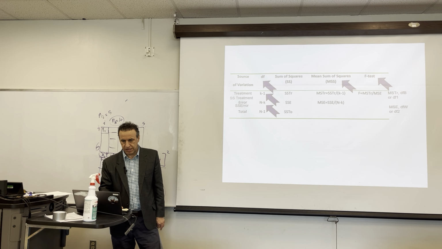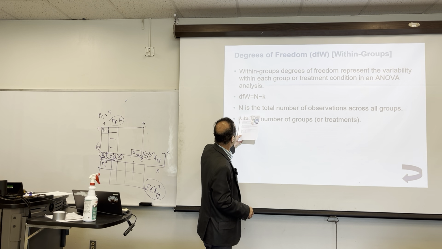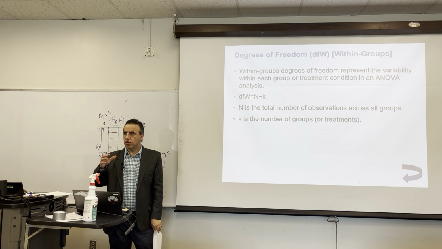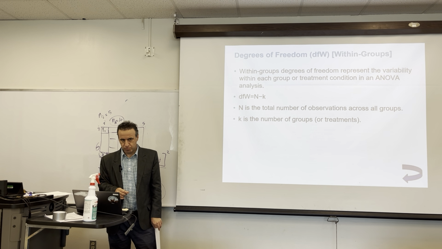What is n? It is the total number of observations. Here you have, let's say, 25, right? Then what was the number of groups? Whatever it is, 3. So you subtract k from this n. Let's say this is 3 machines, 25 observations. So that will be 22, right? Degree of freedom for within is going to be 22.